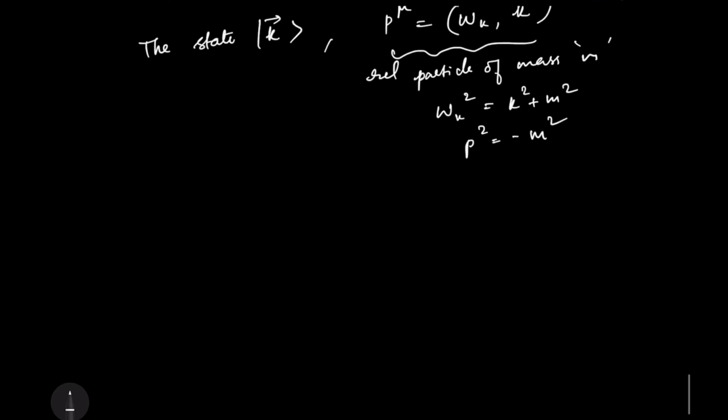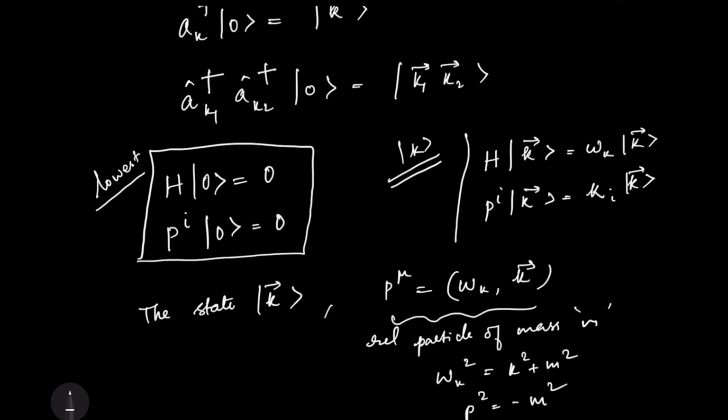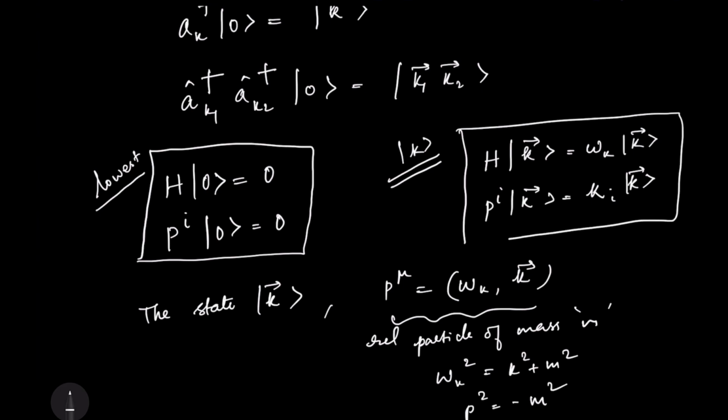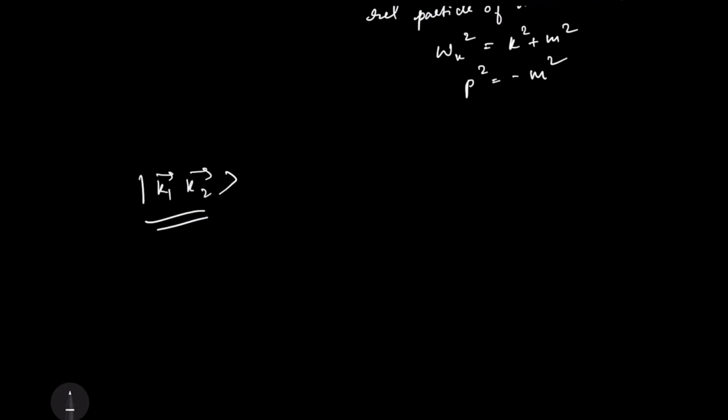Now similarly, if I generalize to the state K1, K2, so this is another state. First we saw the lowest state, or the vacuum state, then the simplest state, which is K. Next we will see K1, K2. The energy eigenvalue for such a state will be omega_K1 plus omega_K2, and the momentum will be K1 plus K2.